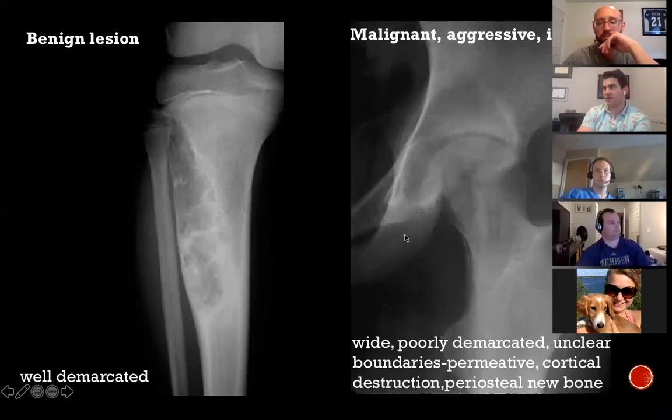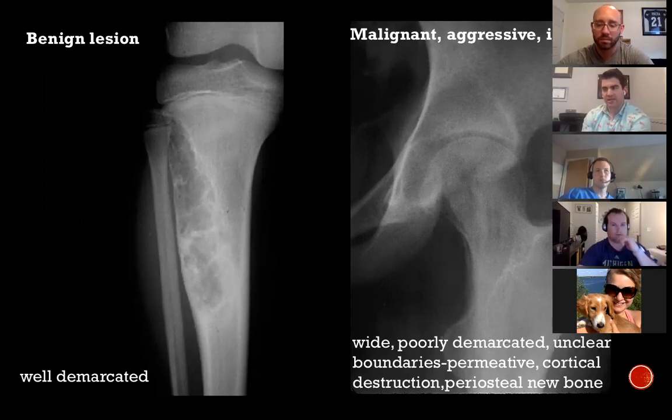When you look at this tumor on the right, it's pretty wide and poorly demarcated. It's hard to see where the lesion ends and normal bone starts. And again, that shows that this is likely a faster growing, more aggressive tumor.